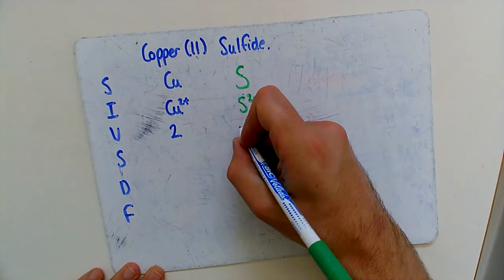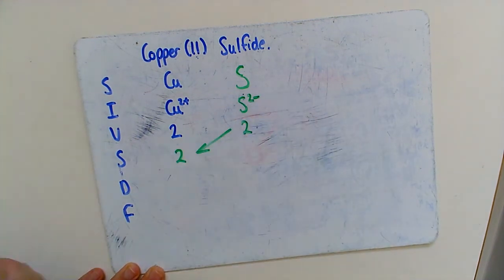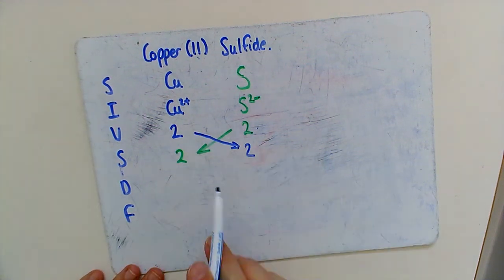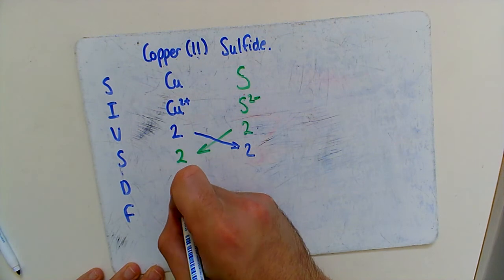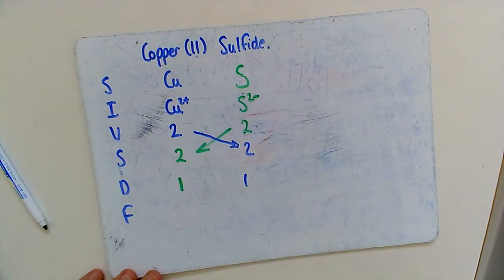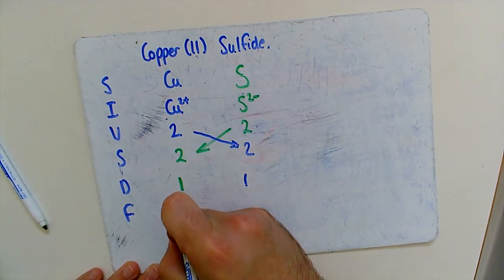Sulfur was in group 6, so it's got a valency of 2. We do our swap. Can we divide? In this case, yes, we can divide each side by 2. So when it comes to writing the formula, remember we're using the ion and we put it in brackets.